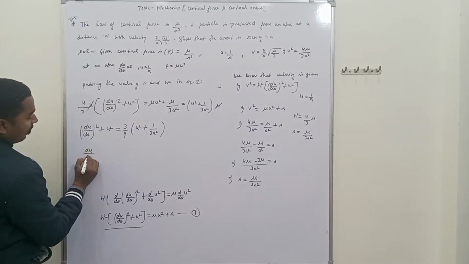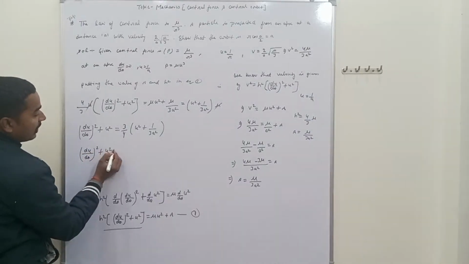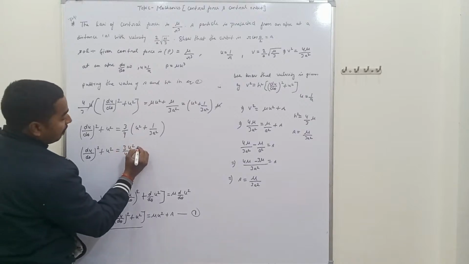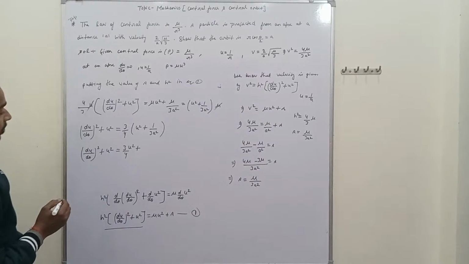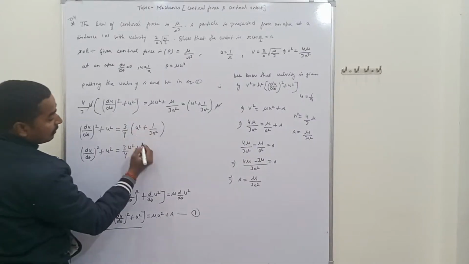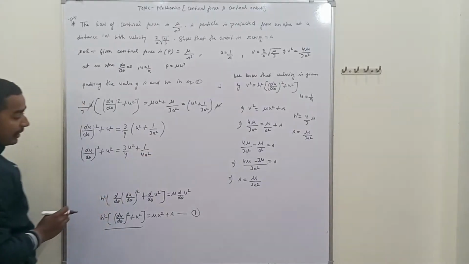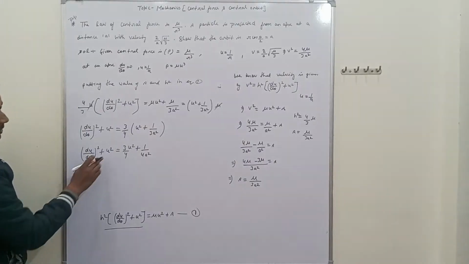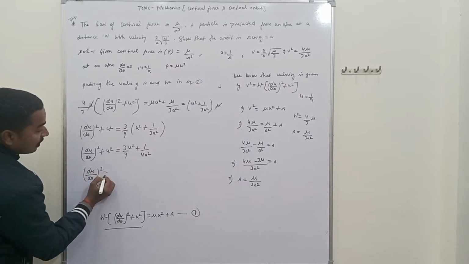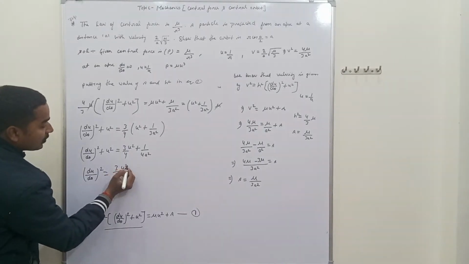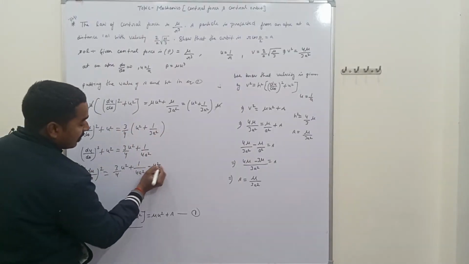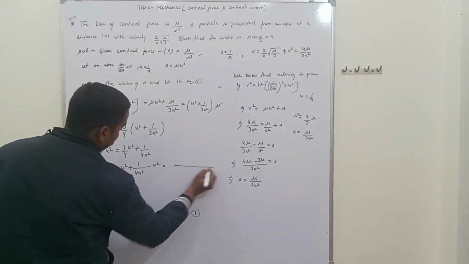That is du upon d theta whole square plus of u square is equal to, we have to multiply this term, that is 3 u square upon 4 and plus of multiplying 3 by 4 with 1 upon 3a square, then 3 to 3 is cancelled out, then 1 upon 4a square, and from here plus of u square is taken into right hand side, that is du upon d theta whole square is equal to 3 by 4 u square plus of 1 upon 4a square, and plus of u square is taken into right hand side, that is minus of u square, and taking LCM here, that is LCM is 4a square.